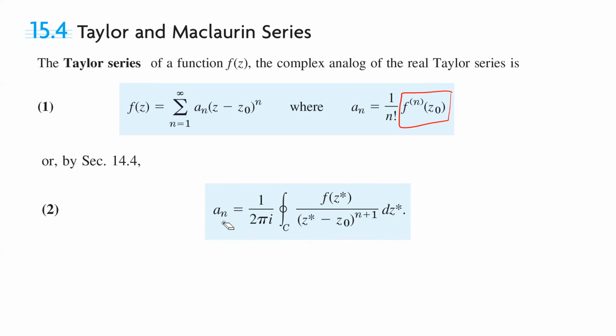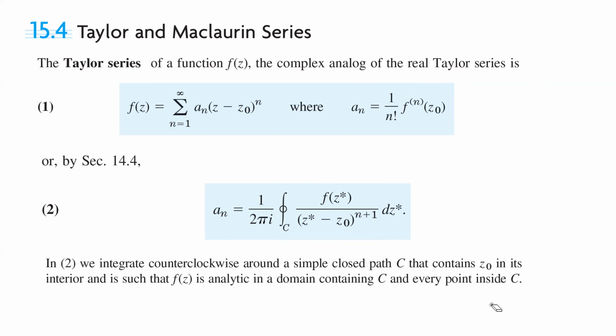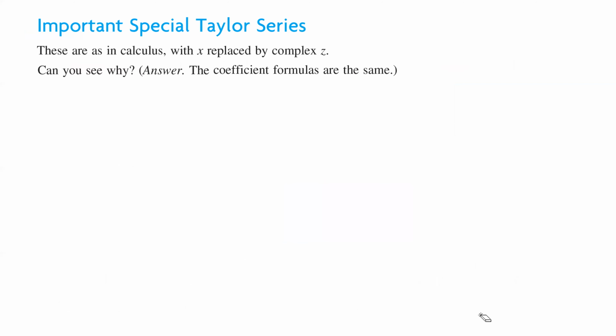That's not important right now, but it becomes important later. And all of these formalities: that path has to be a simple closed path, and all that. This is the Taylor series, and the Maclaurin series is when z naught is equal to 0, meaning expanded around 0. So the Taylor series is more general.